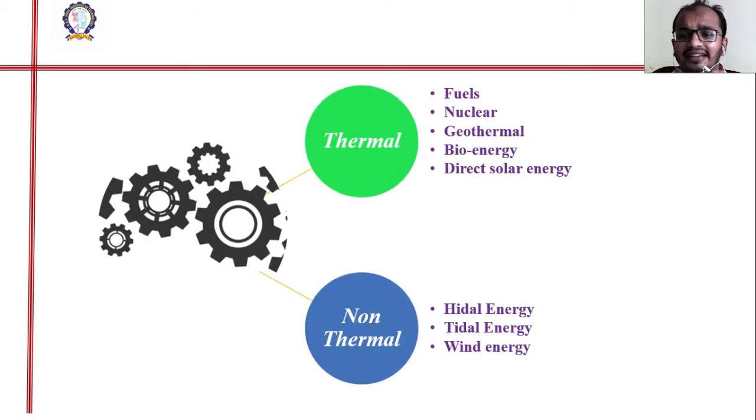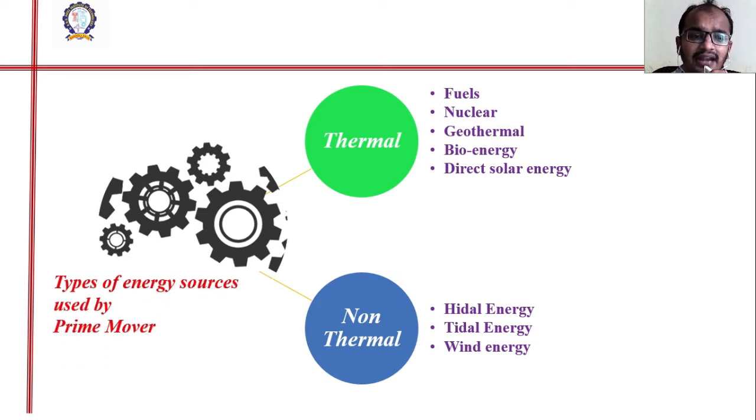Now after that, the types of prime mover, that is, the types of energy sources used by the prime mover. There are basically two types of sources. The first one is thermal sources, and the second one is non-thermal sources. Now what are thermal sources? Suppose we are talking about fuel, about the heat engine, fuel like petrol or diesel.